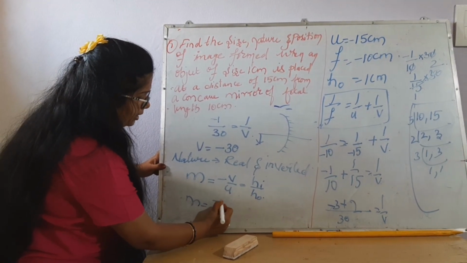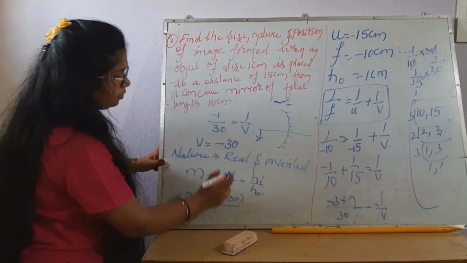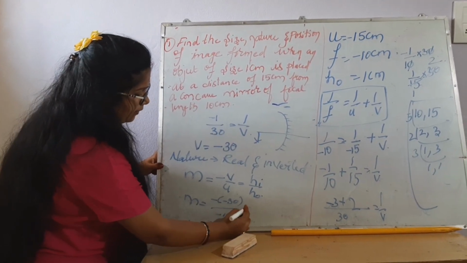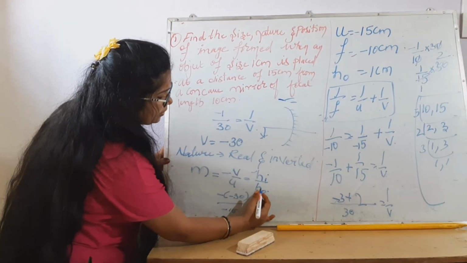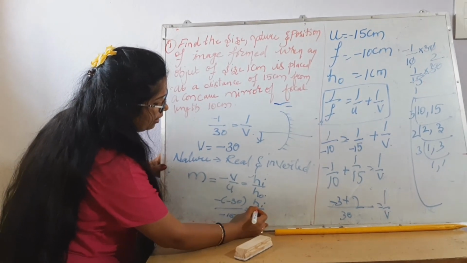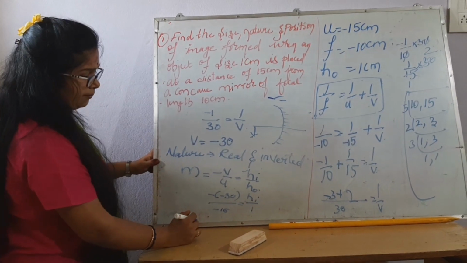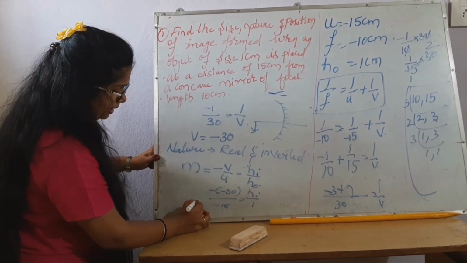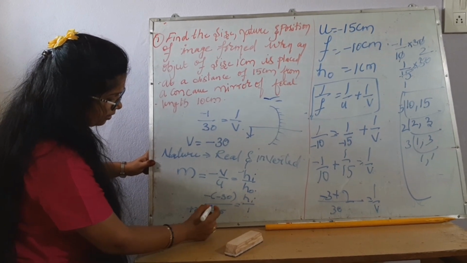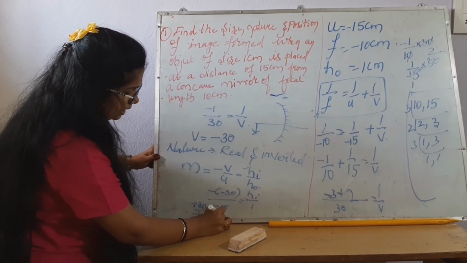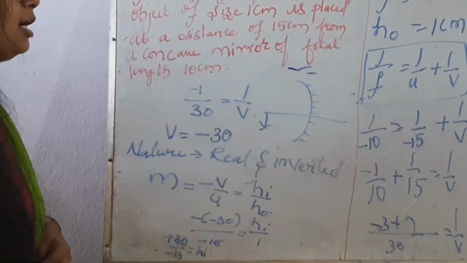Minus of minus 30 by u, which is minus 15, is equal to hi by h o, which is 1 centimeter. Minus into minus is plus, 30 by minus 15 is equal to hi, the height of the image.